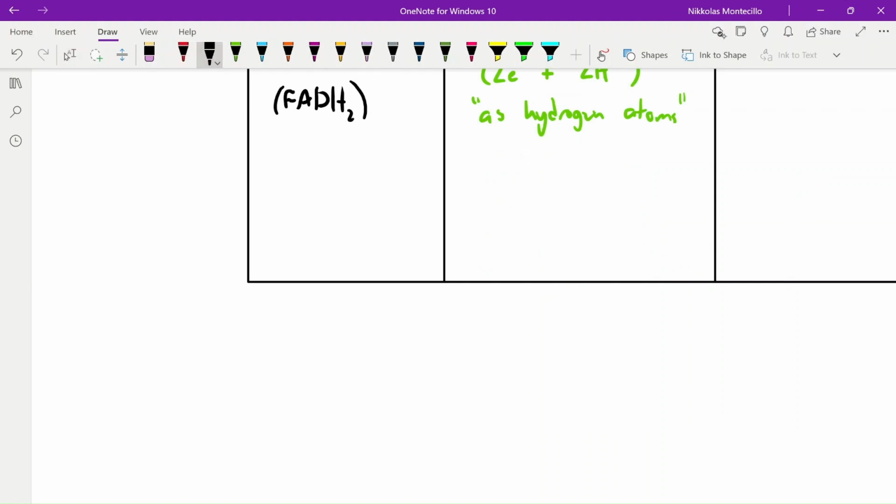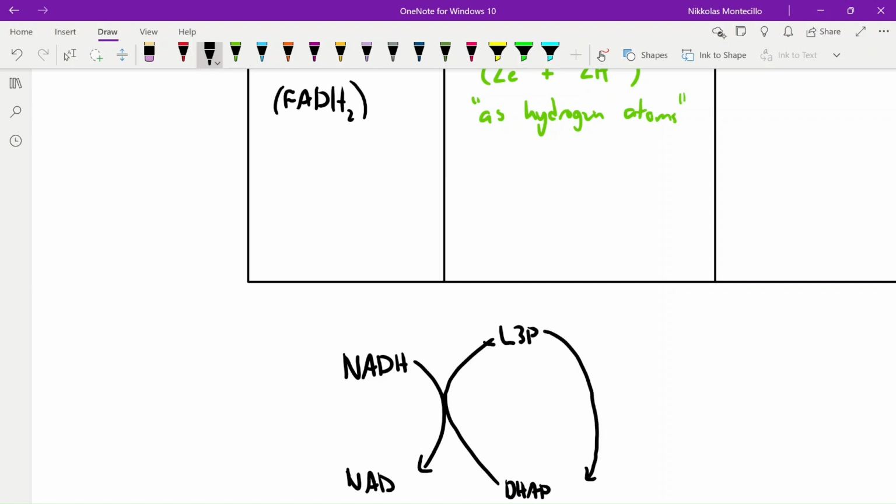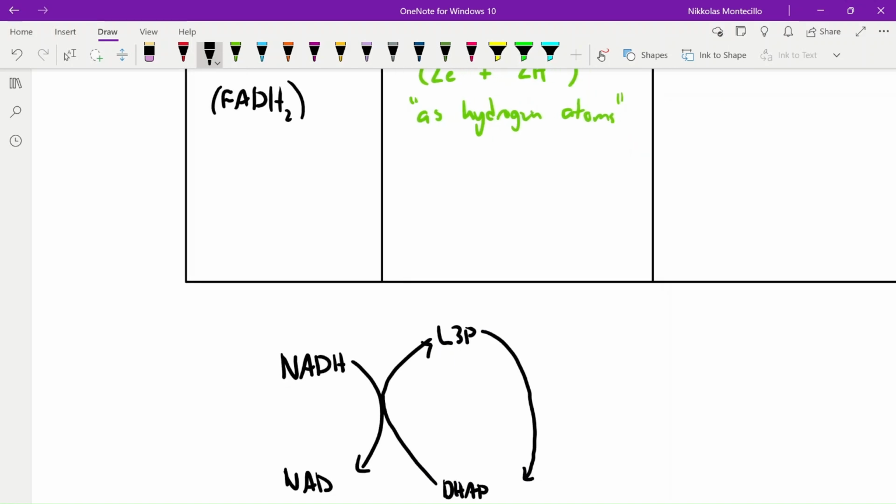From complex 2B, we see that NADH is oxidized to reduce dihydroxyacetone phosphate into L3P, and then L3P will be oxidized to reduce FAD to get FADH2.